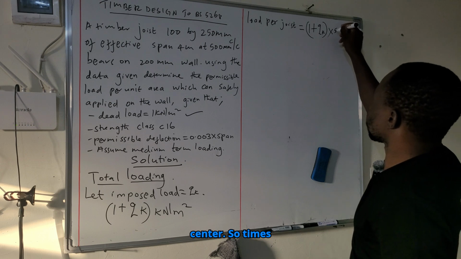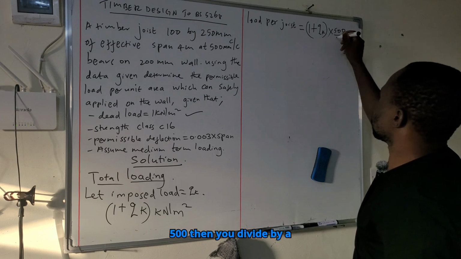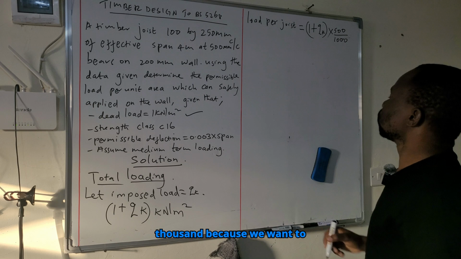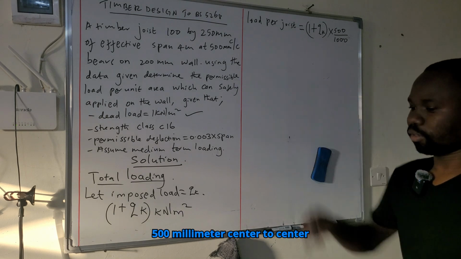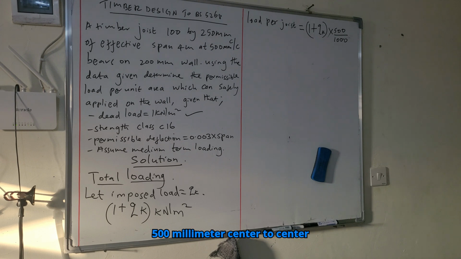So times 500, then you divide by 1,000 because we want to change the 500 millimeter center to center to meters center to center.